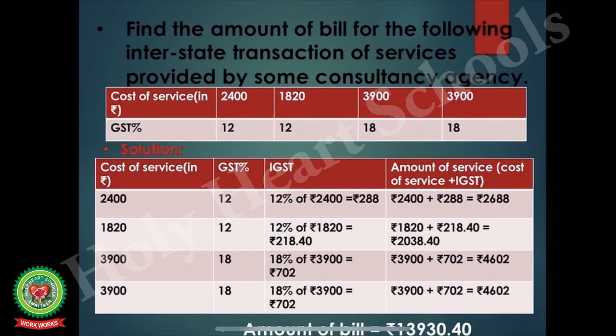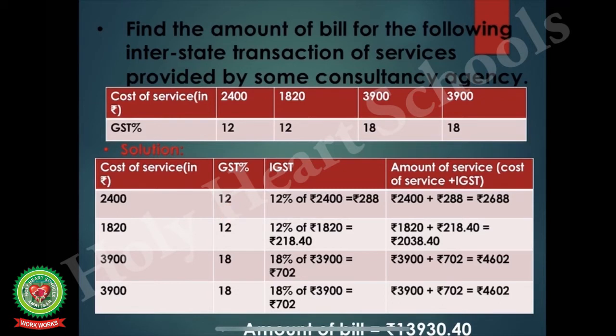So we are going to make a table like this one, with the headings cost of service in rupees, GST percent, IGST, and the amount of service, which will be equal to cost of service plus the IGST. The first price given is rupees 2,400 and the rate of GST is 12%. Full 12% will be for the IGST.